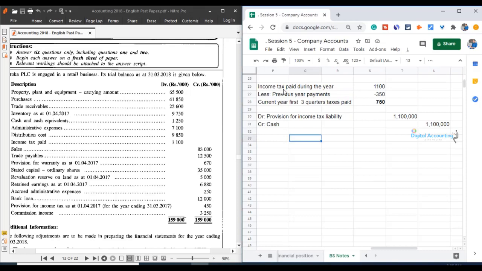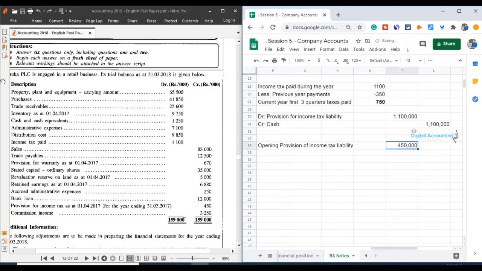The income tax liability for the last quarter of the current year was estimated as Rs 400,000. Meaning we have already provided for the payments of 3 quarters. We have the liability for the last quarter and it is estimated as Rs 400,000. So for clear understanding, we have an opening provision of income tax liability, that is 450,000.